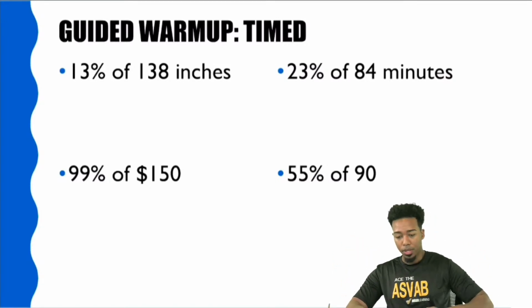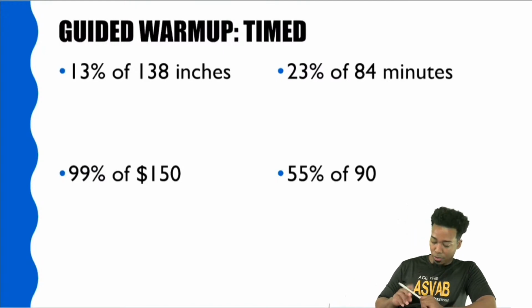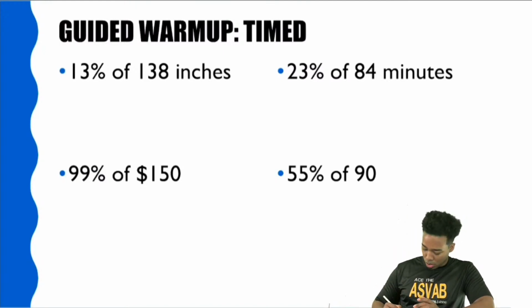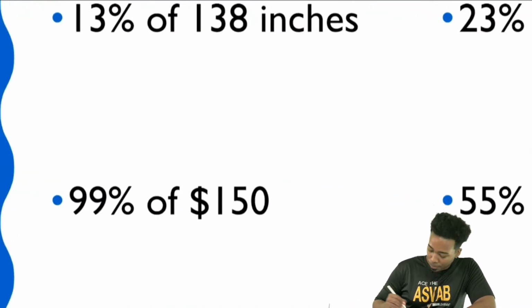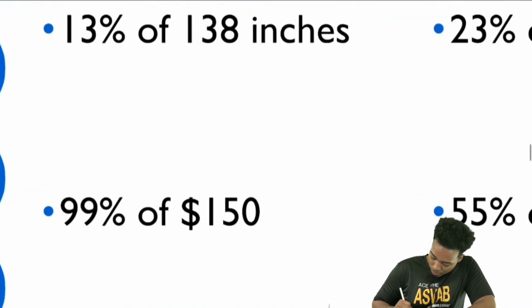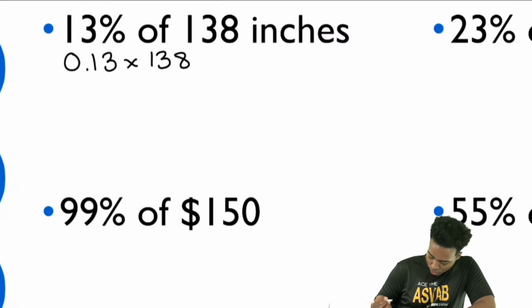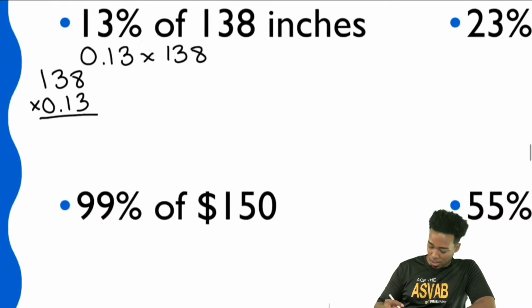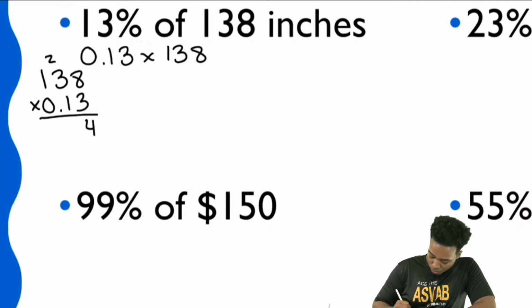So here we go. Let's go through these very, very quickly. If you're just blowing through them because you have no time to waste on the ASVAB, this is how it would most likely look. 138, 13% of that. Okay. That's what it would look like. So setting it up, 138. And I'm going to go quickly and confidently. 8 times 3, 24. 3 times 3 is 9.